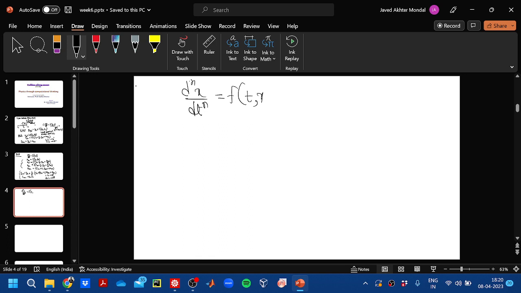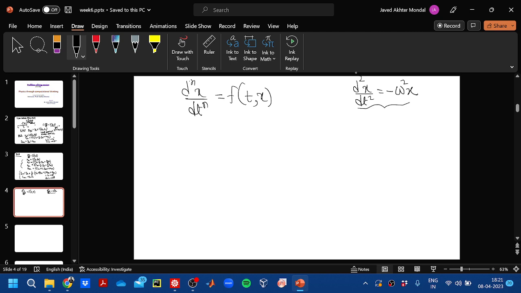So suppose, in the case of a simple harmonic oscillator, our differential equation is d2x/dt2 equal to minus omega square x. If there is no damping and no external driving, then our harmonic oscillator equation leads to this.